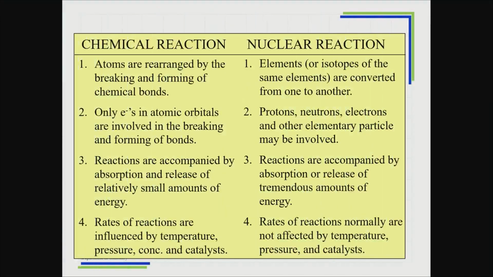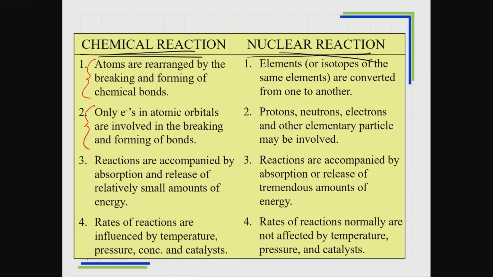This has got a lot of verbiage in it, but we're just going to walk our way through the difference in a chemical reaction versus a nuclear reaction. So atoms are rearranged by the breaking and forming of chemical bonds. What are chemical bonds? Sharing of electrons. As I stated in my intro, it's only electrons that are involved when you are doing chemical reactions, okay?